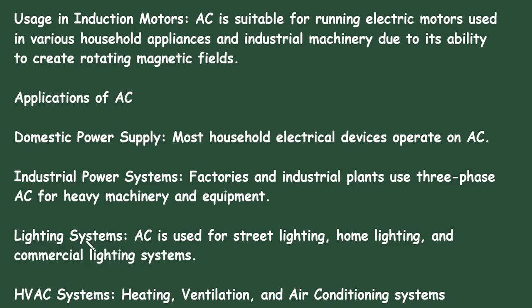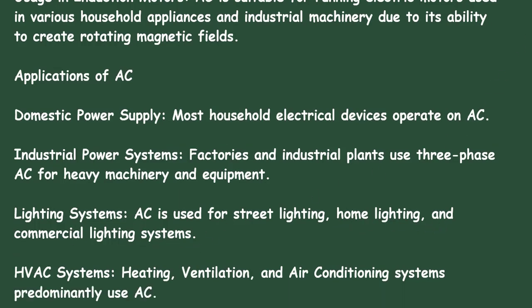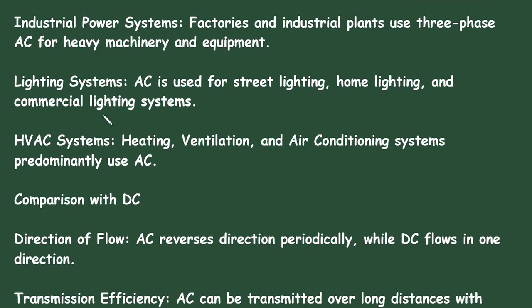Then lighting systems: AC is used for street lighting, home lighting and commercial lighting systems. Then HVAC, heating, ventilation and air conditioning systems predominantly use AC. So these are the applications of alternating current.